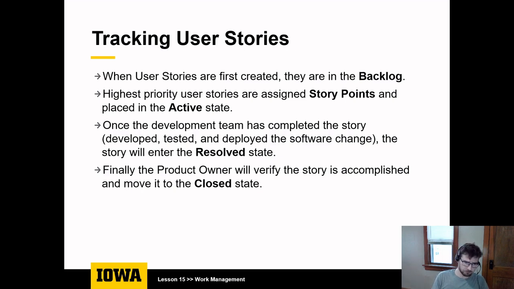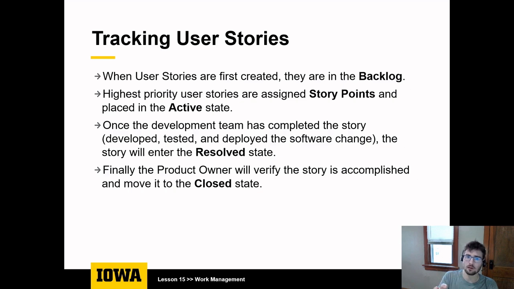And from the backlog, the product owner will prioritize these user stories so that the most important user stories, the user stories with highest value, are on top. And from there, the product owner can start presenting these user stories to the rest of the development team. And the rest of the development team will collectively agree on an amount of story points, or the amount of effort that the user story will take. And if the team decides to act on this user story, then the user story will be placed in the active state.